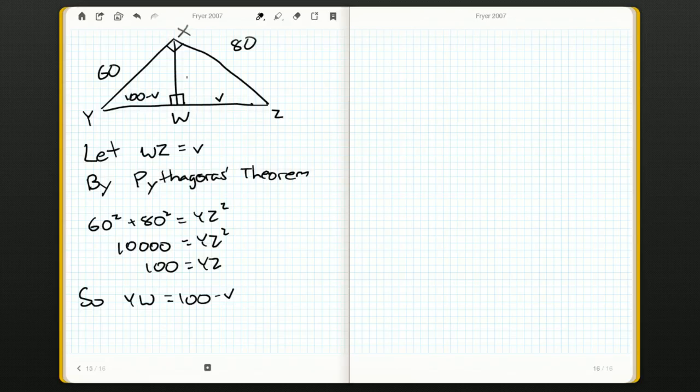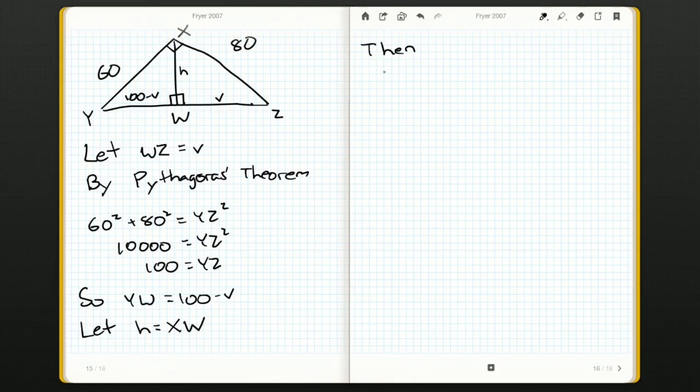Okay. And we have this common perpendicular, call it H. So I'll let H be XW. Well then, (100 minus V) squared plus H squared is 60 squared, which we just computed a second ago by our calculator.